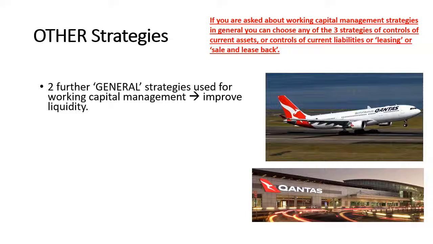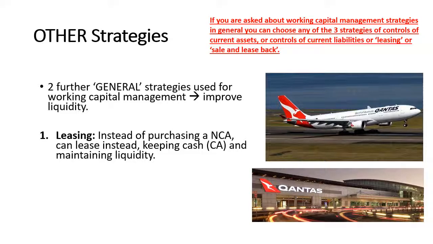And now these are our two general strategies. Our first one is leasing. Okay, so instead of buying my long-term non-current assets, which will take away my money, instead I will lease it. And sure, in the long term, I'll need to continually pay back, but I don't have that massive hit to the money in my business.